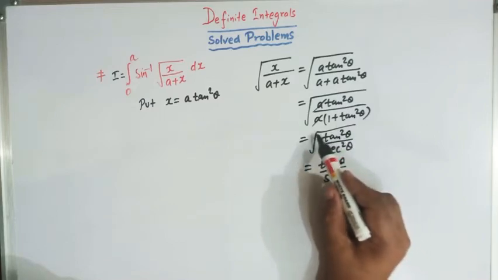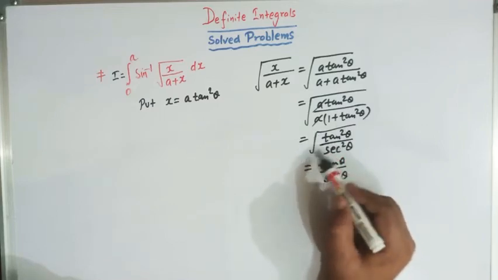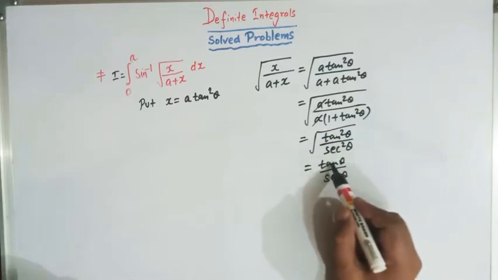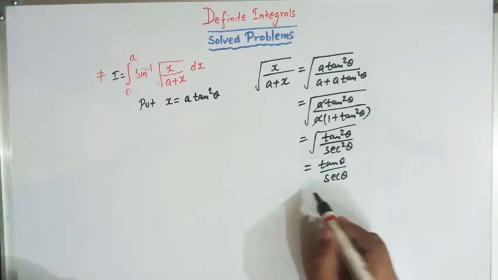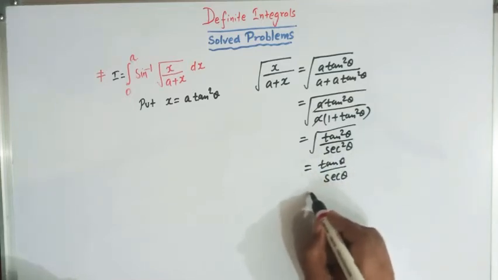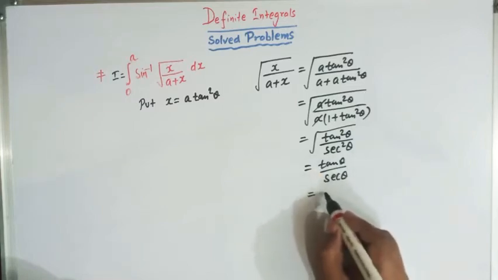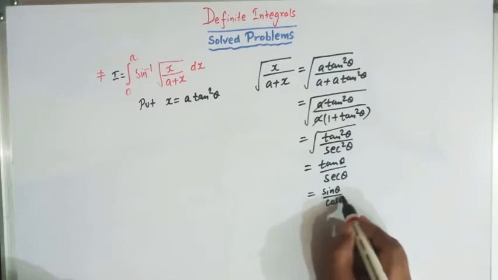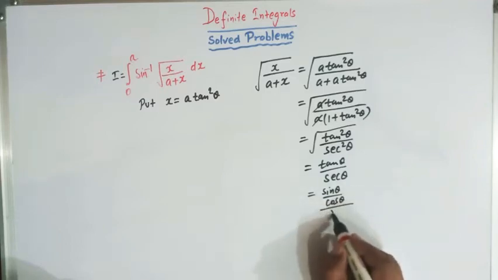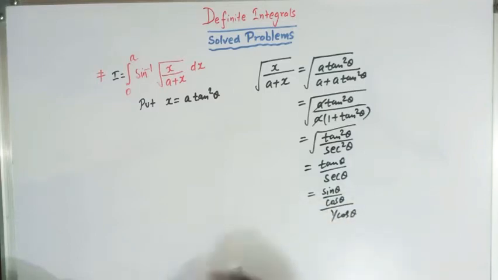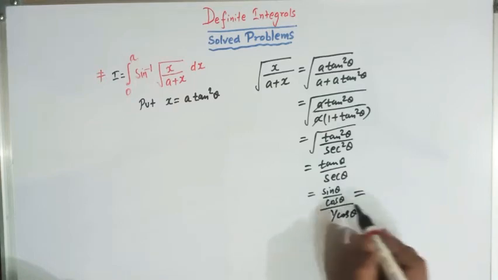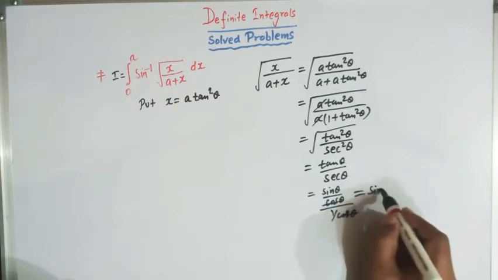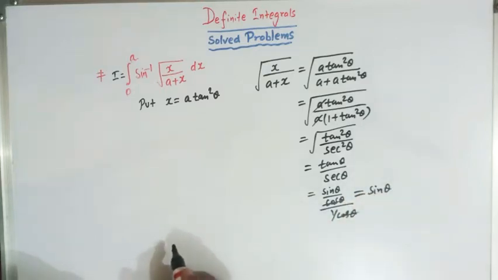This square is cancelled by the square root, and we have tan theta over sec theta, which can be written as sine theta over cos theta divided by 1 over cos theta, and this cos theta and cos theta get cancelled, so we have sine theta, right?